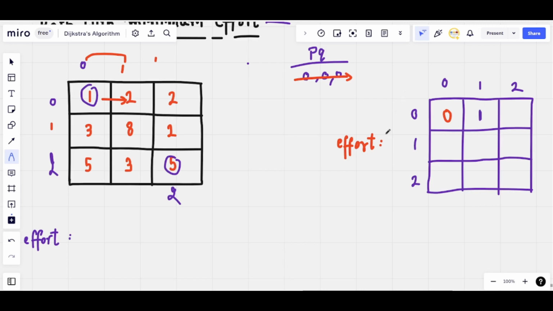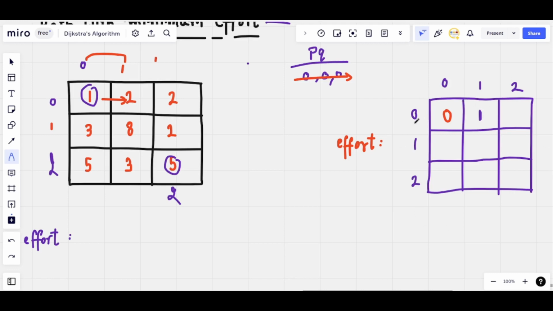cell, because we initialize this effort array with a very small number, which is 0, and we want to find the maximum effort to reach any cell of this matrix. Like to reach cell 0 1, I want to find the maximum effort along the route which I have taken to reach this cell 0 1, and that's why this matrix is initialized with 0.